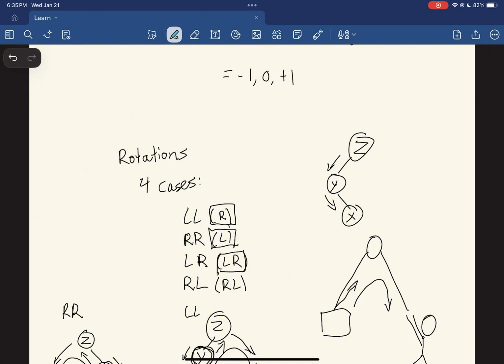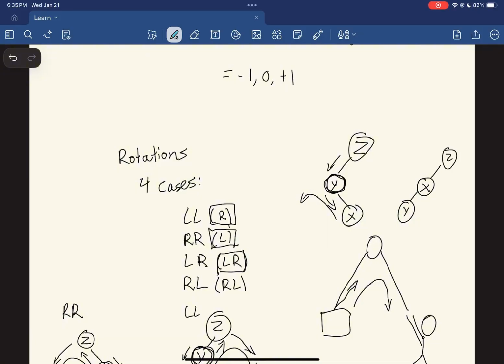You want to do a left rotation into a right rotation. So first, you go over here and do the left rotation first. So do the Y and X this way. Y is going to move down here, and then the X is going to be here. And then nothing happens to the Z.